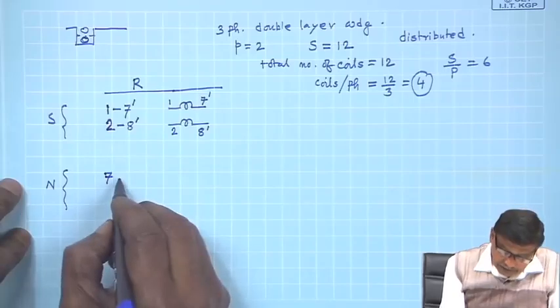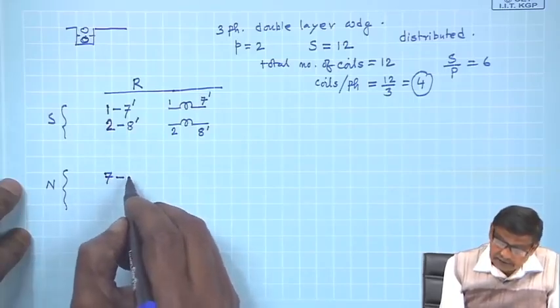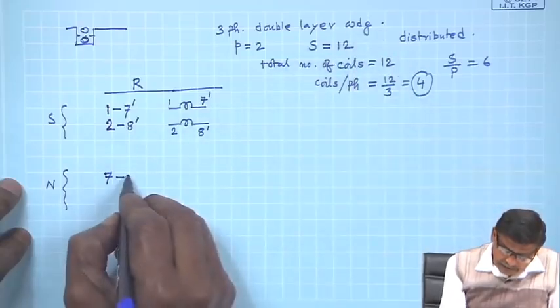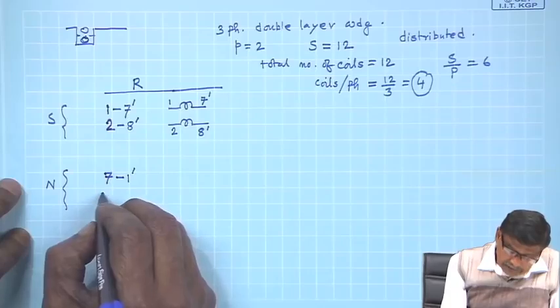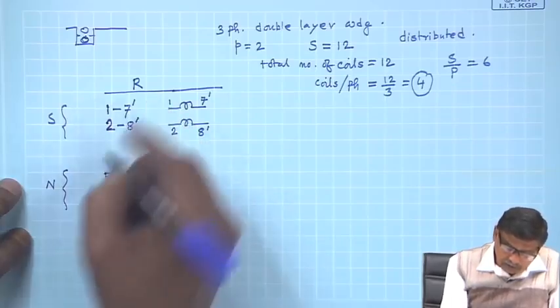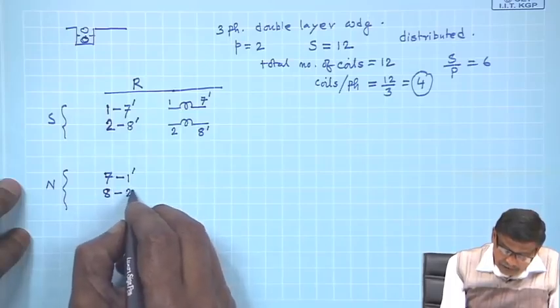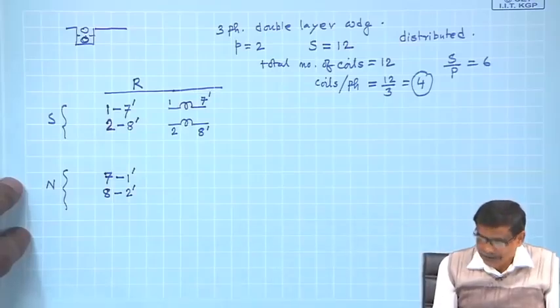And then this will be 7 plus 6, 13 dashed, but 13 dashed is nothing but 1 dashed. It will be like this, and then the immediate next slot I will allot also to R phase, and it should be called 2 dashed. If any mistake, point out.